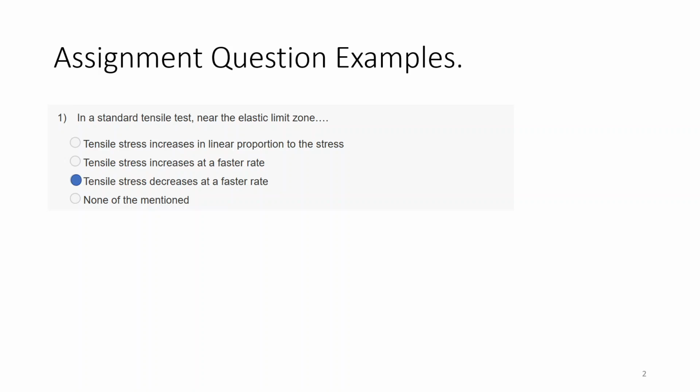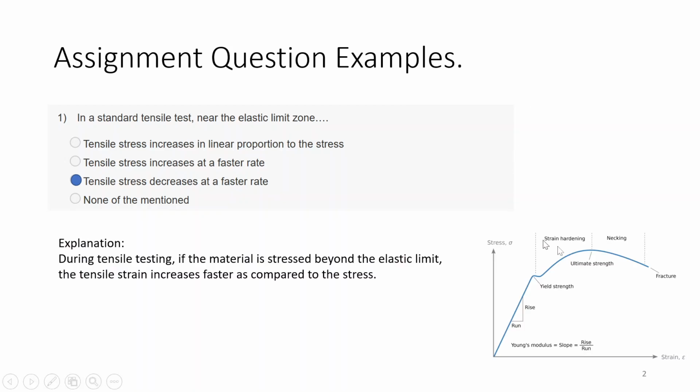For answering these types of questions, you should first remember the stress strain curve for a particular material. Initially it will show Hooke's law, where there is a linear increase in the stress with the strain. Then there will be a strain hardening region, where plastic deformation is taking place.